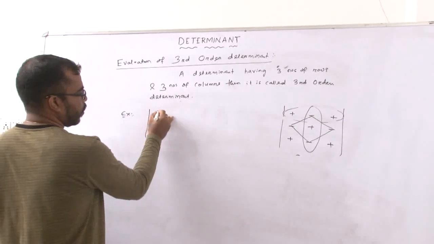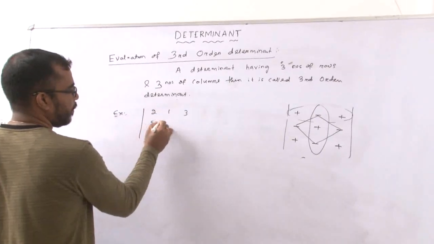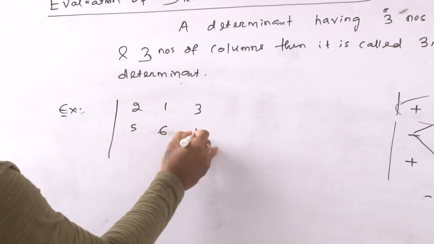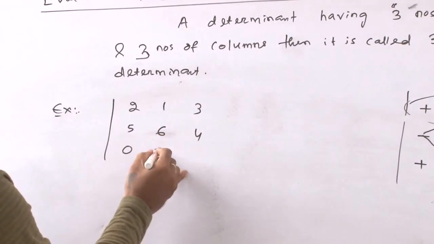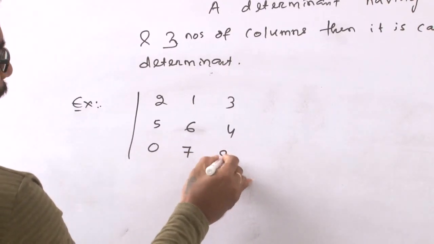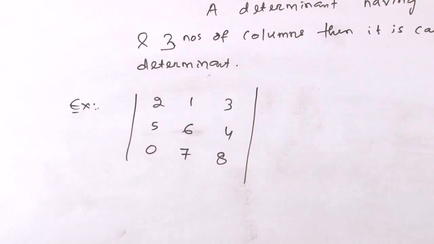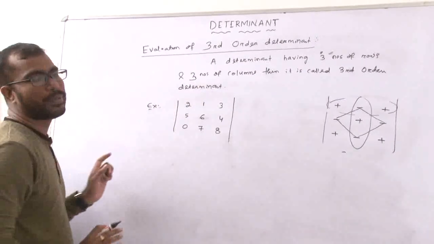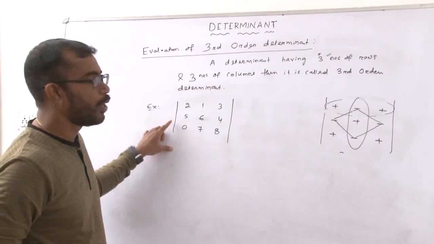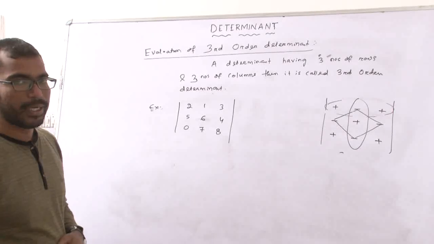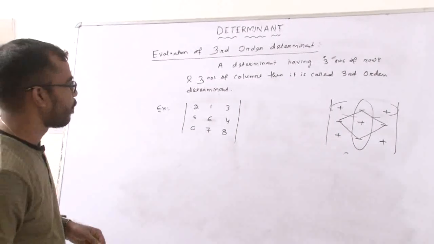Suppose 2, 1, 3, 5, 6, 4, 0, 7, 8. So here we have to find the value of the given determinant. How to evaluate or solve the determinant in third order cases.